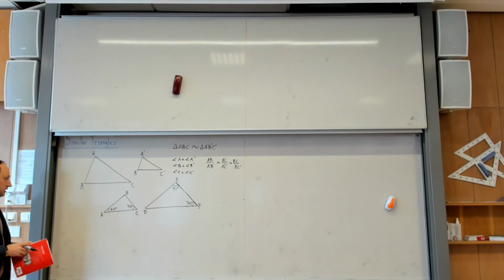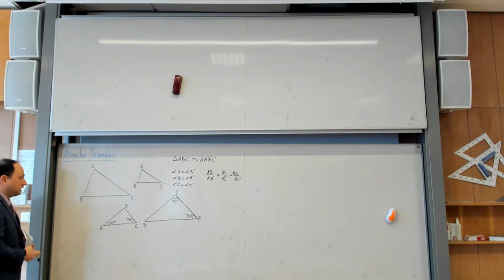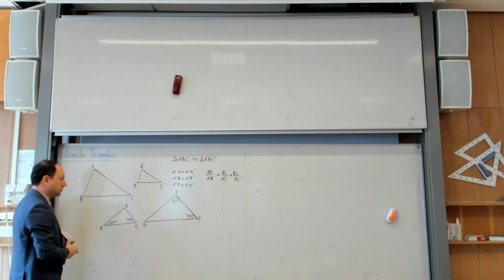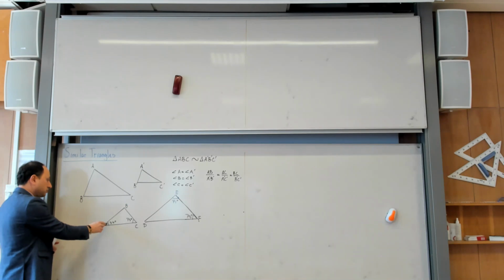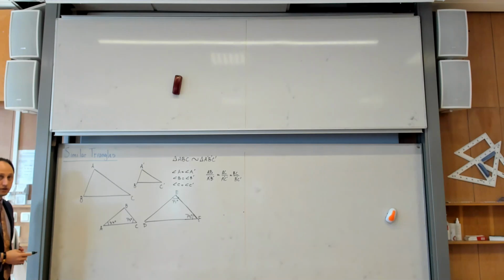Okay, so for example here, you want to see if these 2 triangles are similar or not. Okay, so you see that one angle here is 75 and one angle here is also 75. One angle here is given to be 34 degrees, but one angle here is given to be 71 degrees.